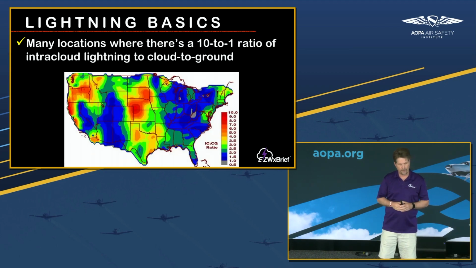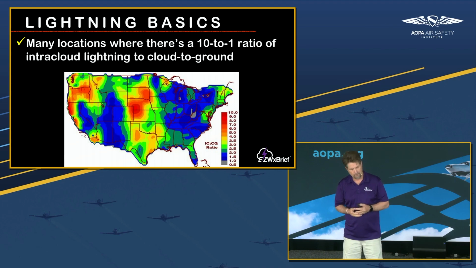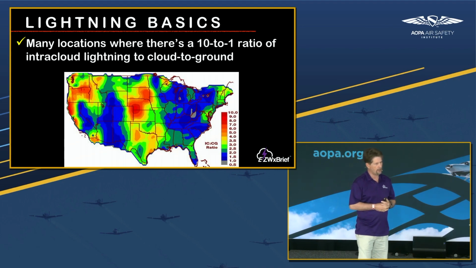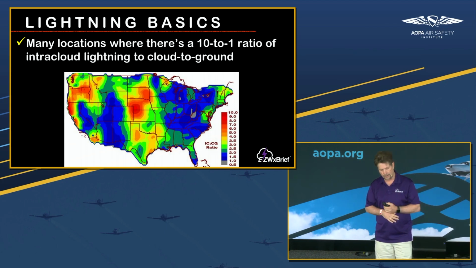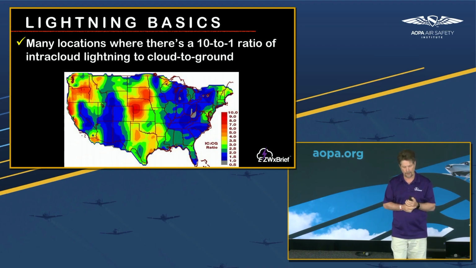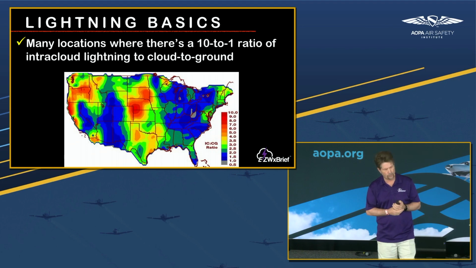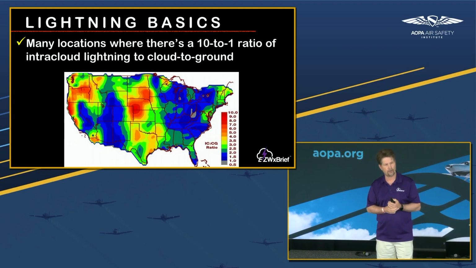Well, it turns out that depending on where you're located in the country, there's actually a ratio of intracloud lightning to cloud to ground. So if you're in Florida or in most of the eastern half of the US, Midwest, Ohio, Tennessee valleys, that area, even down into Florida, most of the time you're going to have a 2-to-1 or 1-to-1 ratio between intracloud and cloud to ground lightning strikes.